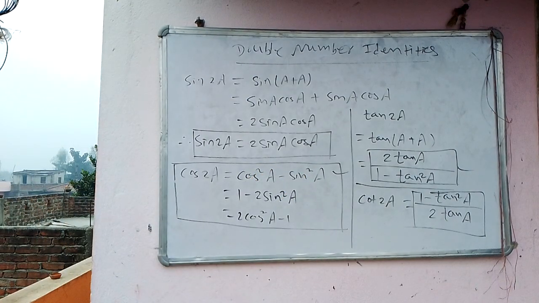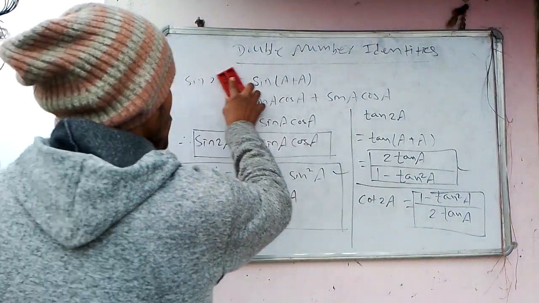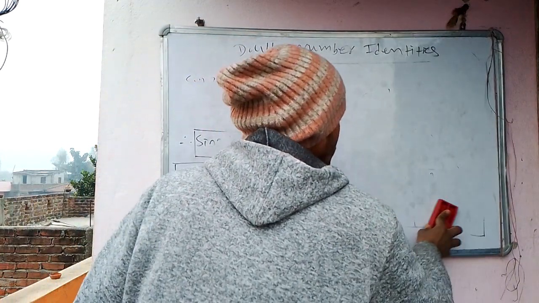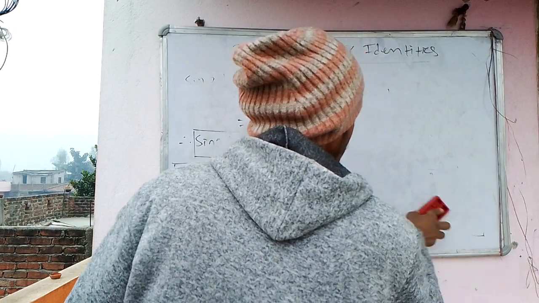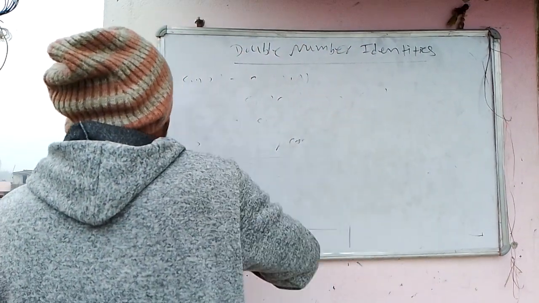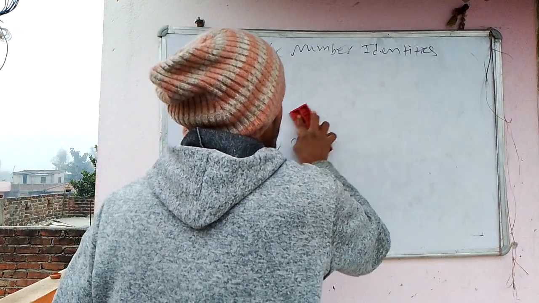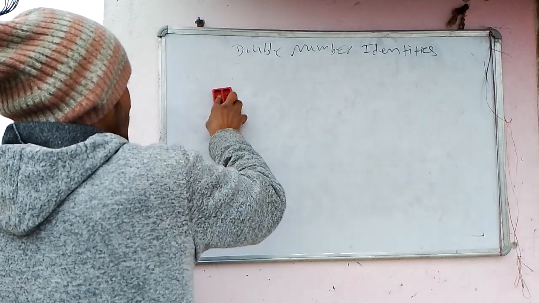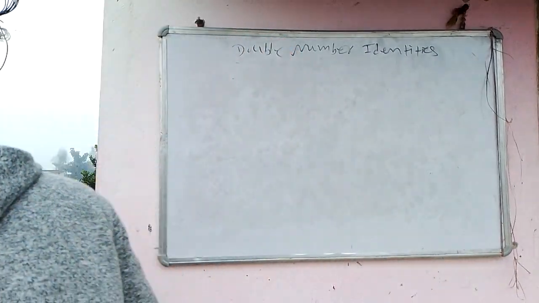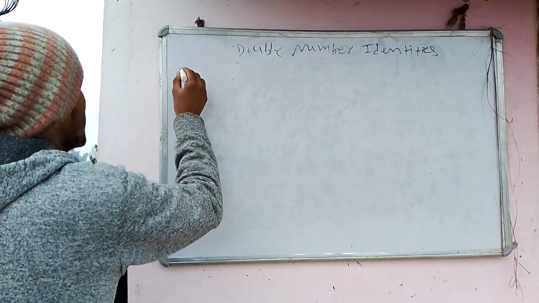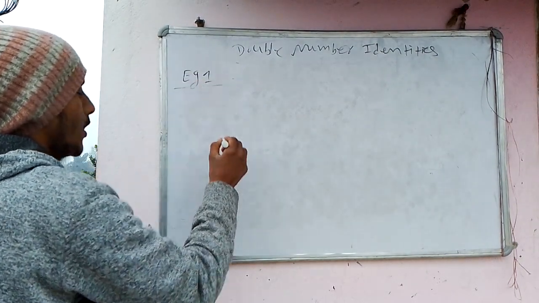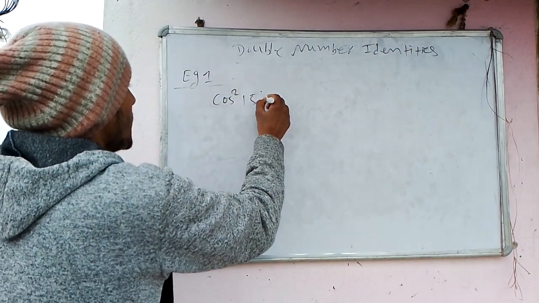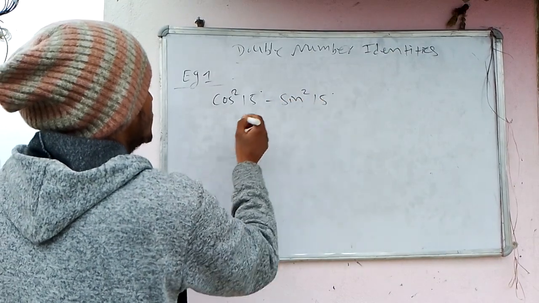Now let's do some example problems. Example 1: you want to figure out what cosine squared 15 minus sine squared 15 is.